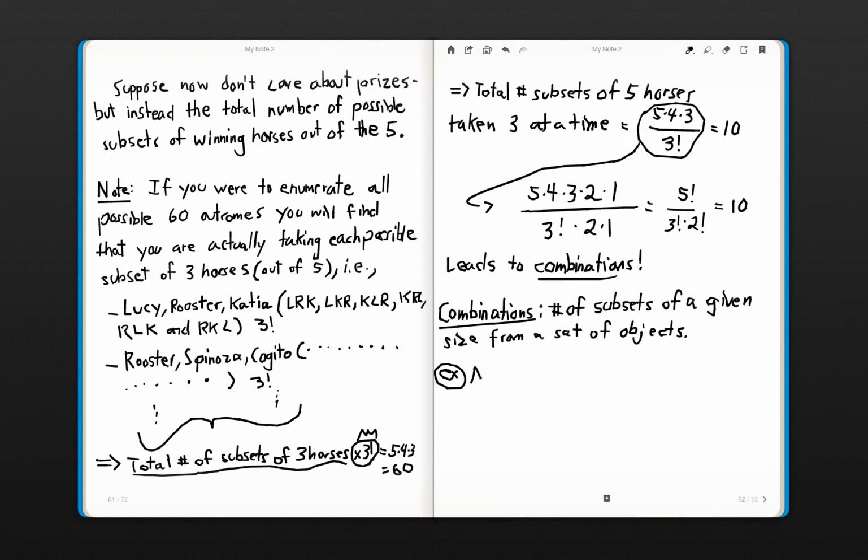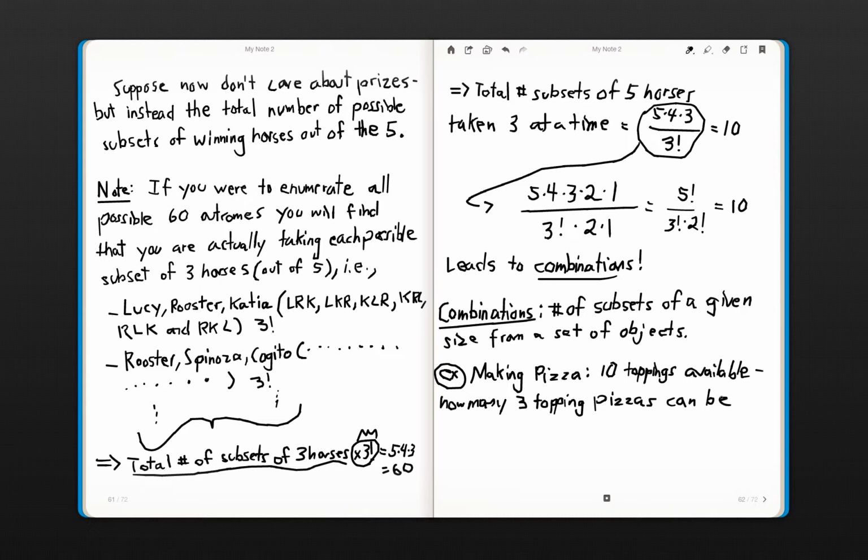Making pizza. Something everyone likes. So let's say there are 10 toppings available, and the question is how many 3 topping pizzas can be made. So let's talk through this.